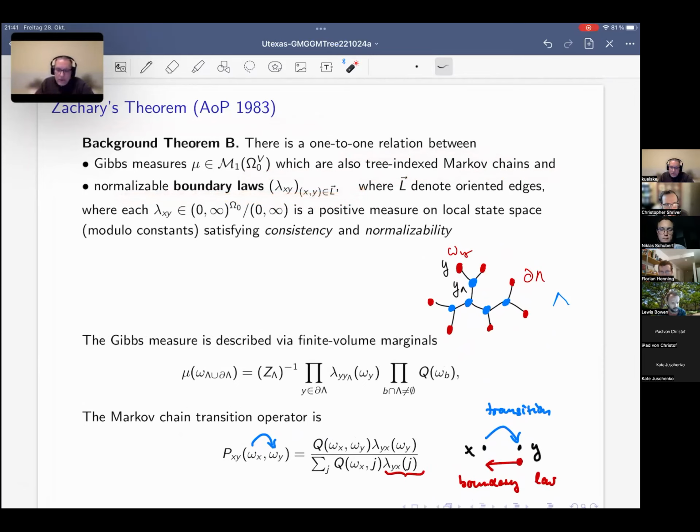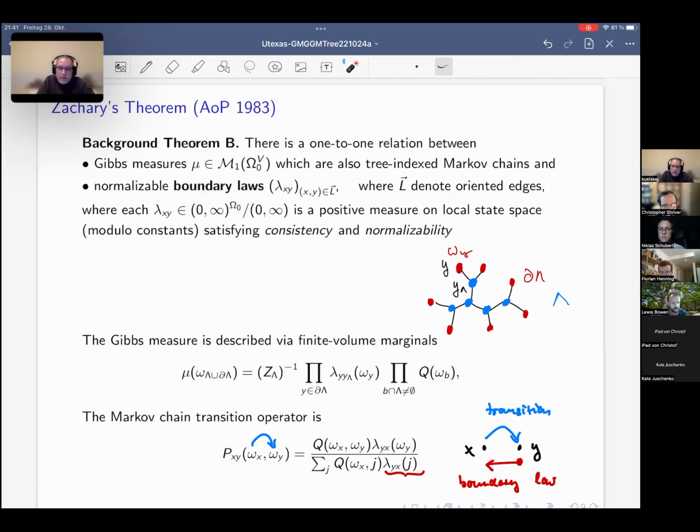What's the boundary law? You're looking at the set of all oriented edges, and then you're looking at strictly positive measures on the local state space. So it gives you a certain weight to make an increment of 0, 1, 2, etc., -1, -2.